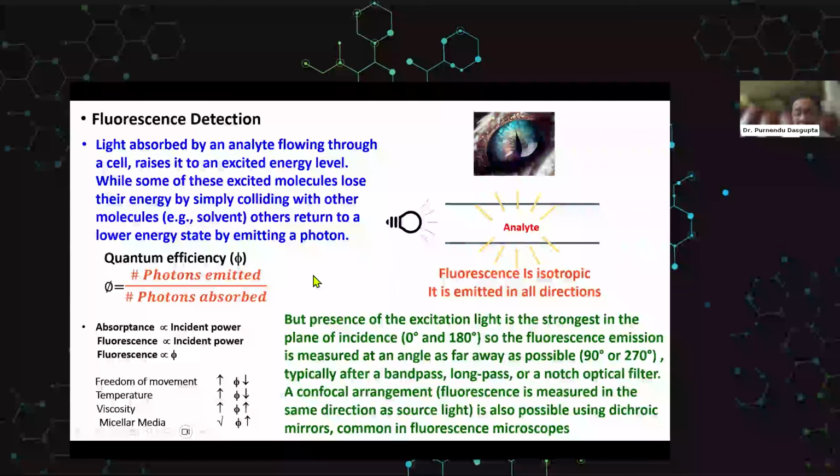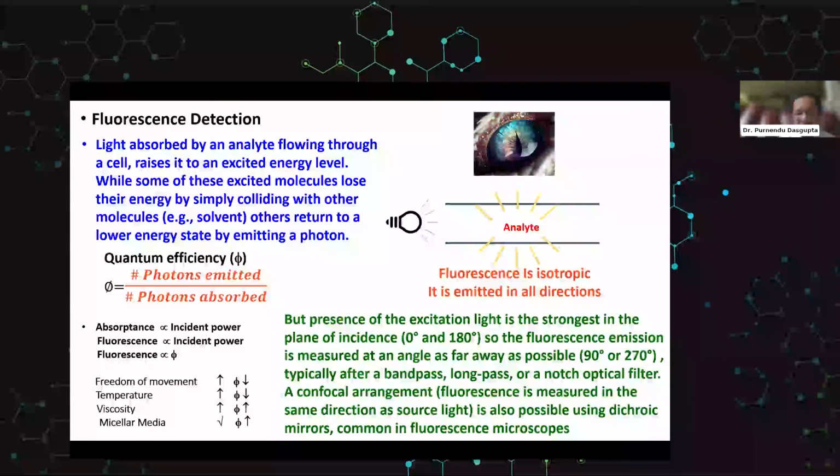If you go to things like fluorescein, it's close to 95%. But one of the things here is that the fluorescence intensity is directly proportional to the incident light intensity. Incidentally, this is the same thing in photothermal also: how much heat you will produce directly depends on how much light you're putting in. So even though it's absorbance, it's more like fluorescence that way.